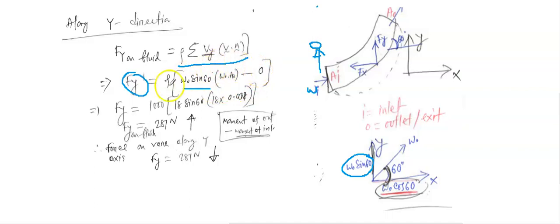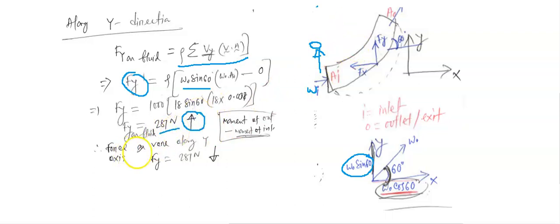Now you see Fy equals, we know rho equals 1000, this is 18 w0, and we know all these values, 18 and 0.001, so we got 281. So this is the force on the fluid. The force on the fluid is 281 Newton, and the direction is the positive direction.